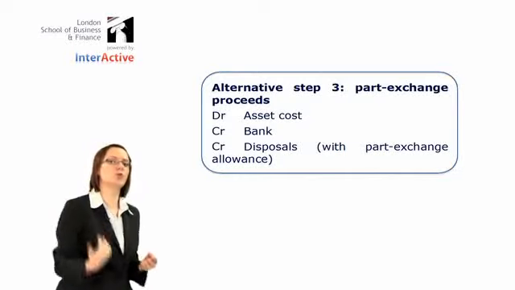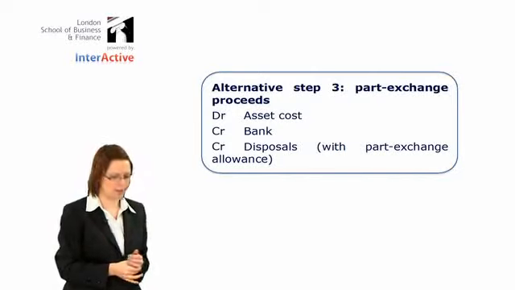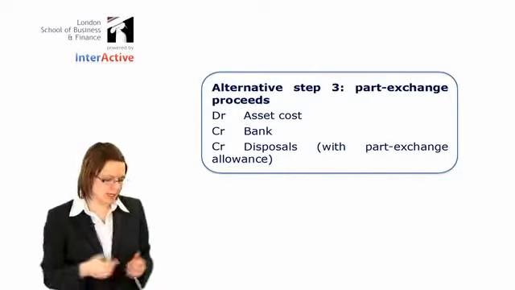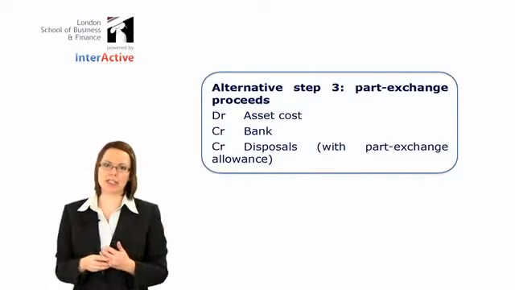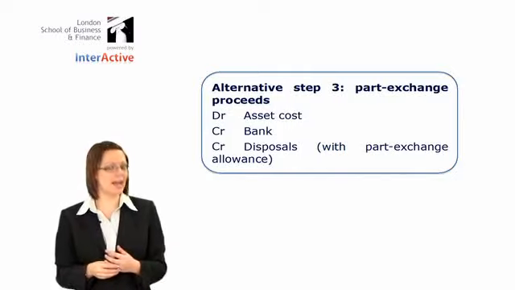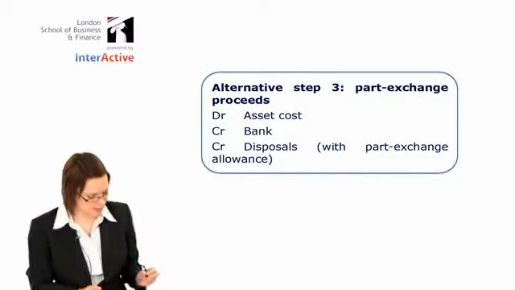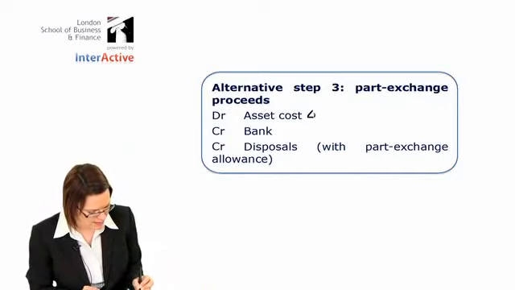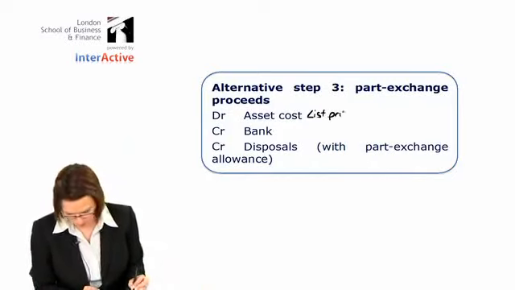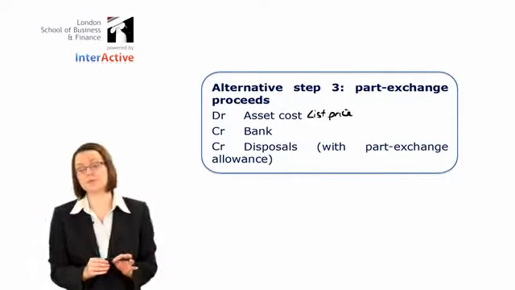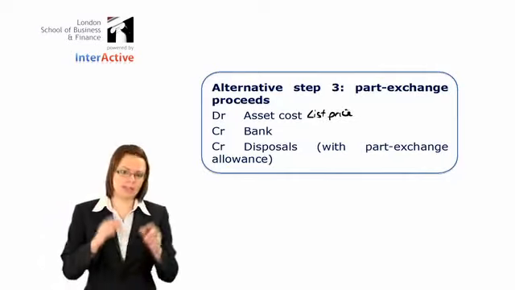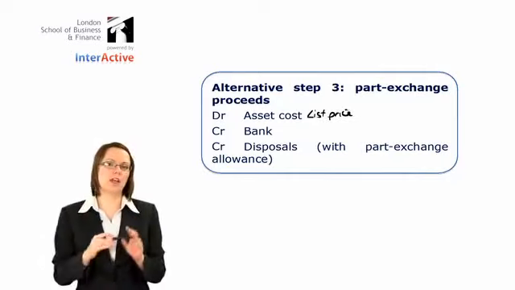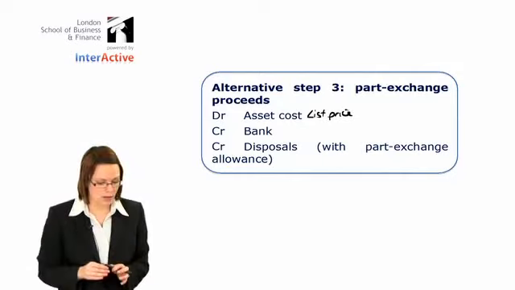I am receiving a new asset. So, first thing I'm going to do is debit the asset cost account for that new asset. And that is going to be with the list price of those goods. Okay, so the physical list price of that asset.